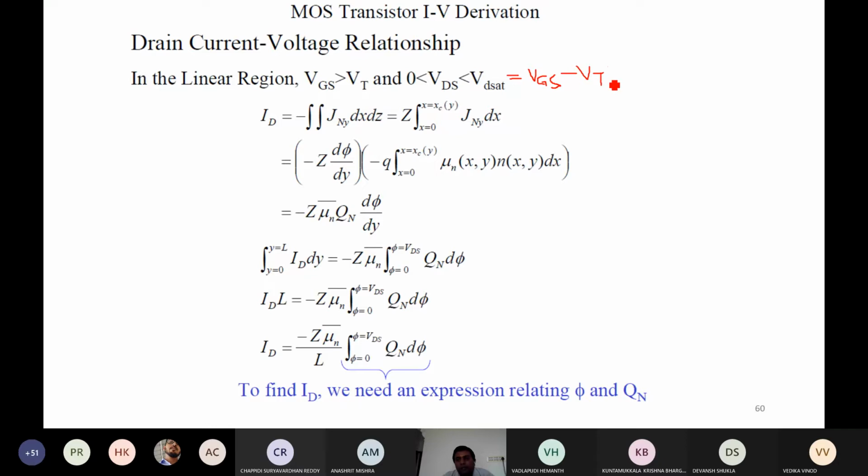I am simply writing VT, but to distinguish the threshold voltage of n-channel and p-channel transistors we can write VTN. So VDsat is basically VGS minus VTN, and we are applying a positive drain voltage, but it is still less than the saturation voltage at which the current saturates.